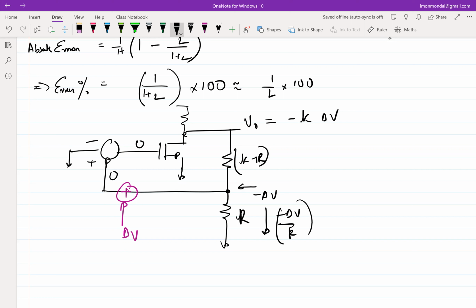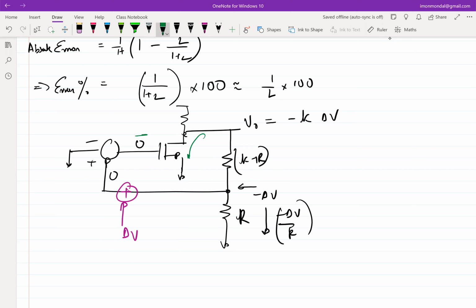It's connected to feedback, right? So if GM is infinitely large, you don't need any excursion here in order to feed in the current. An infinitesimally small excursion at the gate can pull in current. If you are infinite gain, VGS is actually equal to 0, but it's tending to 0.